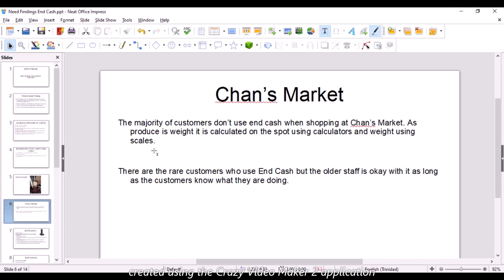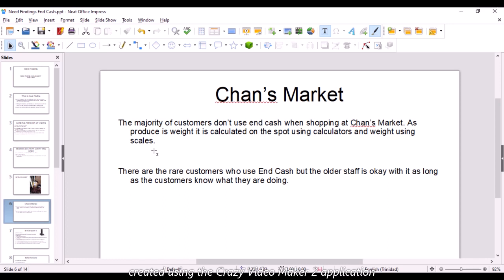So this is just some questioning of customers who buy in the market. The majority of customers don't use Encash when shopping at Transmarket. As produce is weighed, it is calculated on the spot using calculators and skills.